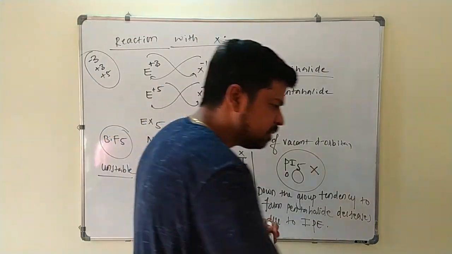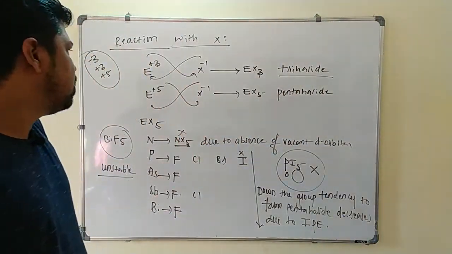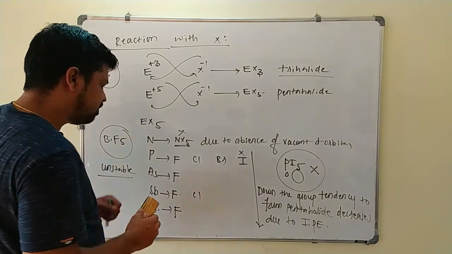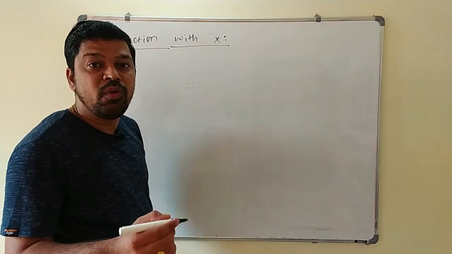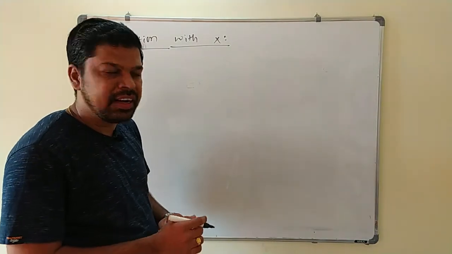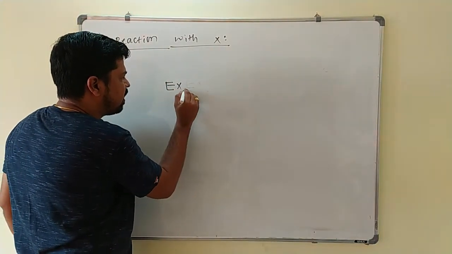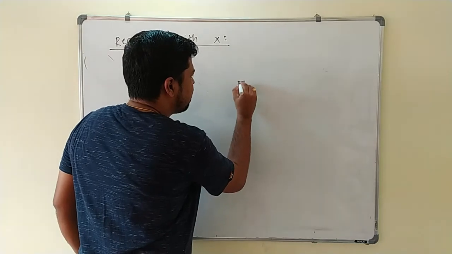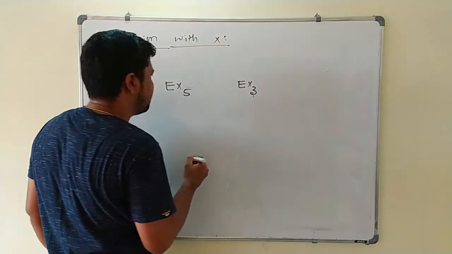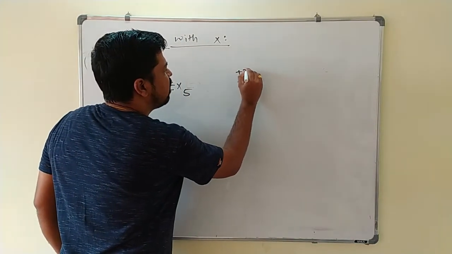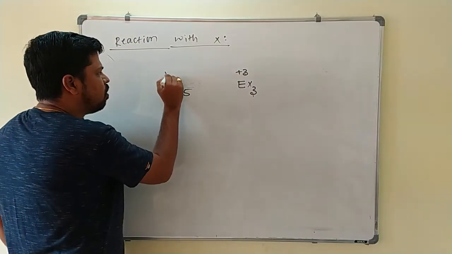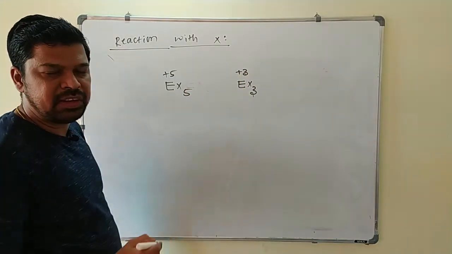Next, we will compare the covalent nature of the trihalides and pentahalides. Suppose the pentahalide is EX5 and the trihalide is EX3. The oxidation state of the cation is +3 here and +5 there.